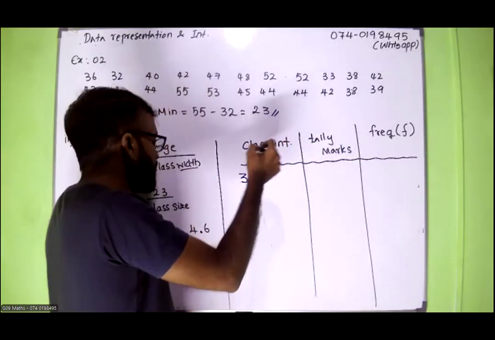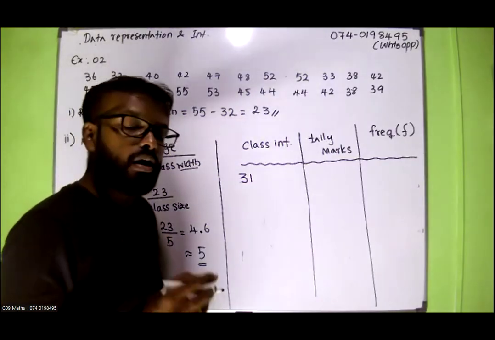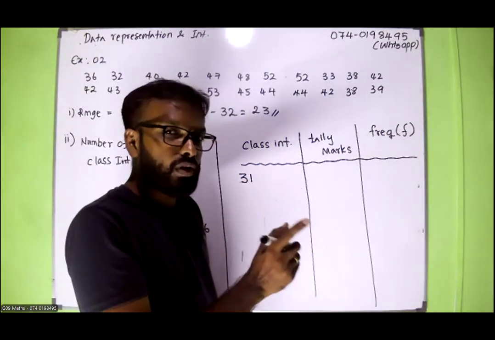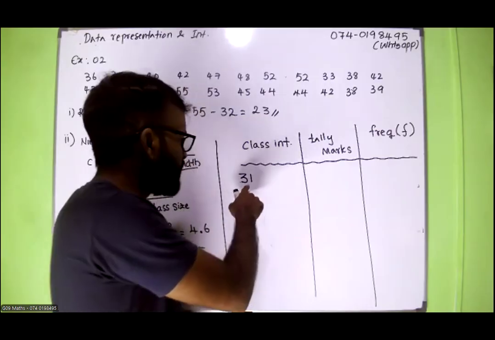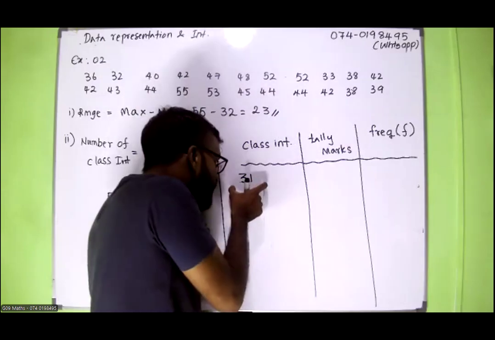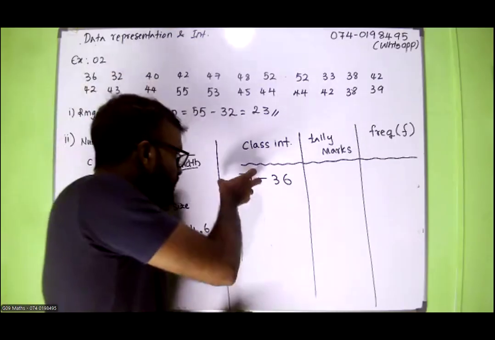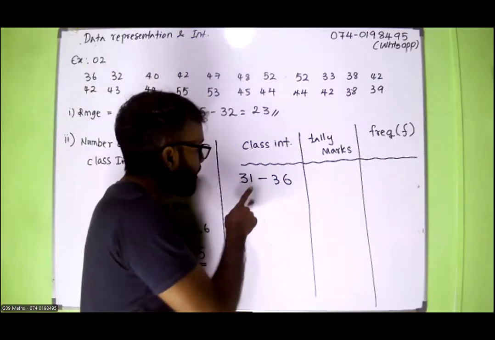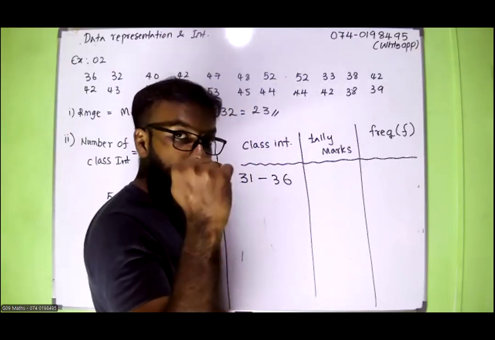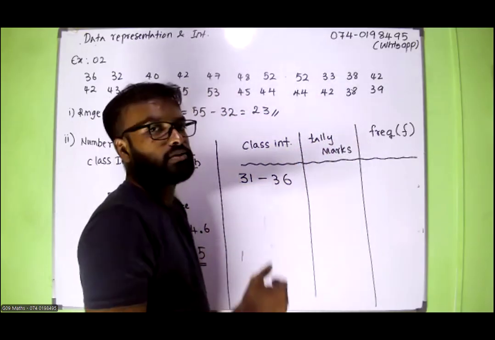So what is the class size that you have found? Class size is 5. You are going to add 5 to this because you are using a grouped class interval, so the gap is closed. 31 plus 5, 36. So 31, 32, 33, 34, 35, 36: there are 5 values, greater than 31 and less than or equal to 36.